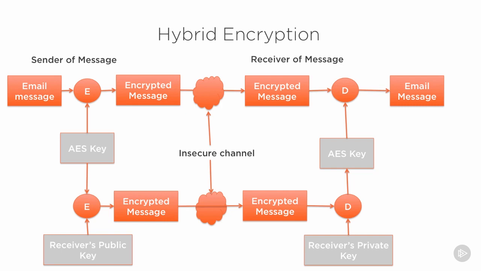So we can see that we've used the speed and confidentiality of symmetric key encryption, but we've supported that now through the use of asymmetric key encryption. This is an example used commonly and known then as a hybrid encryption model.